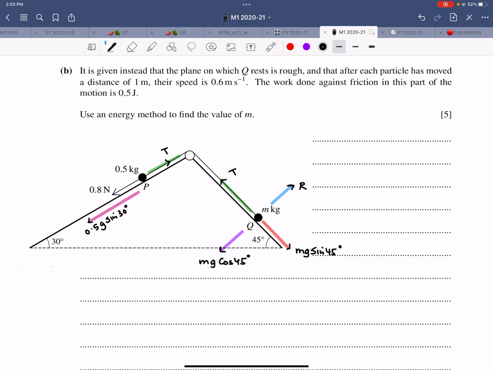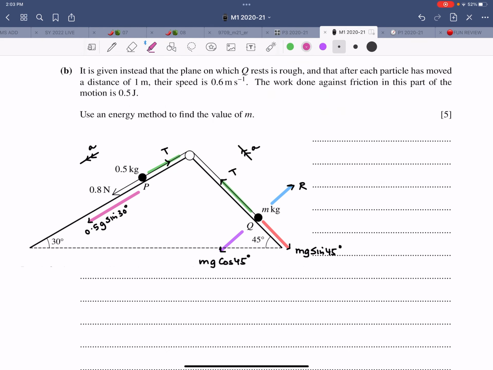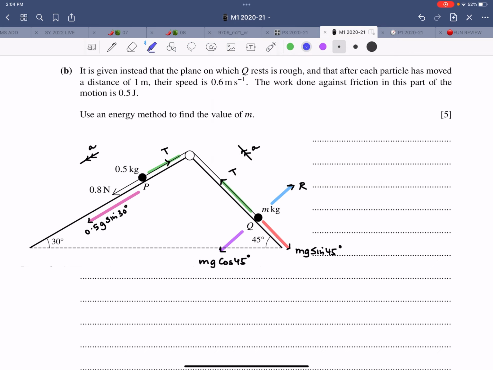And one other thing: because this one is going down, this one is going up, that means there should be a frictional force also. That frictional force is going down like this. So that is the frictional force that I need, F max. But the question says, use an energy method to find the value of m.